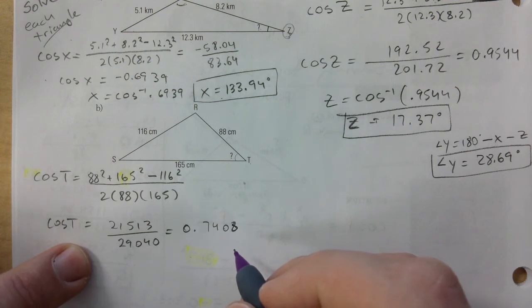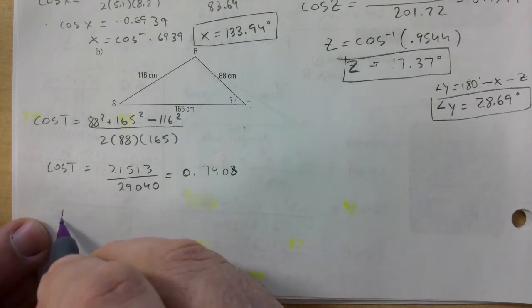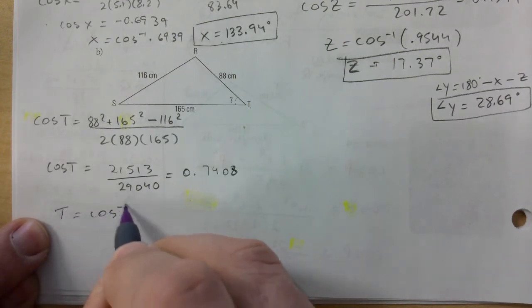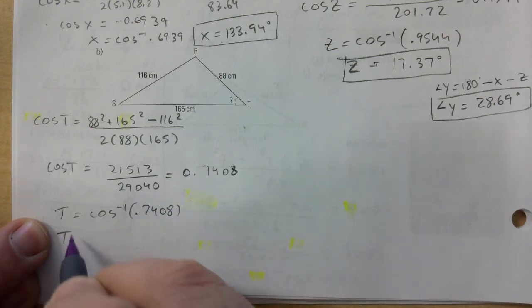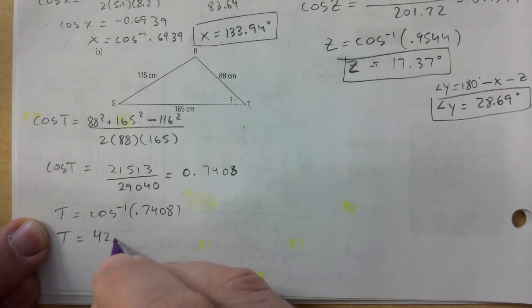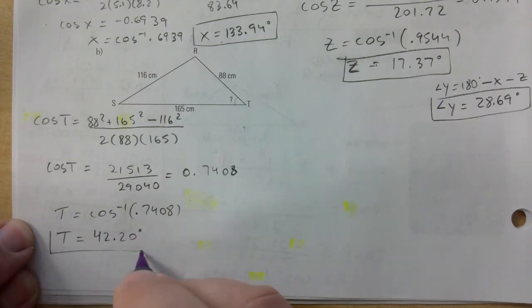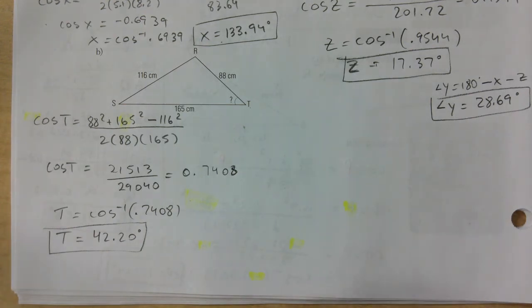I used all decimals. It's 8. Okay. So angle T is going to be cosine inverse of 0.7408. And that gives 42.20 degrees. I'm so used to 2 decimals that I put 20, even though it's 0.2, that's acceptable. It's not money.